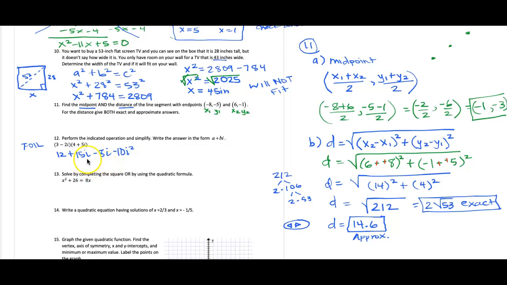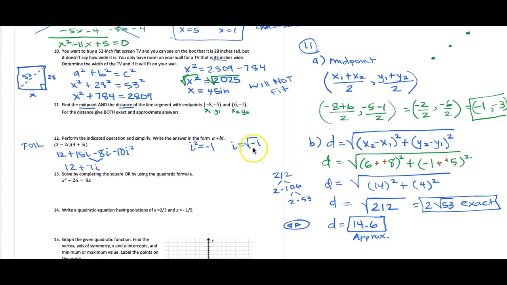Okay, so we can see that we've got some like terms that we can combine together there. So 12 plus 7i. All right, but remember that i squared, one thing that you need to have memorized, i squared is the same thing as negative 1. And i is the square root of negative 1.